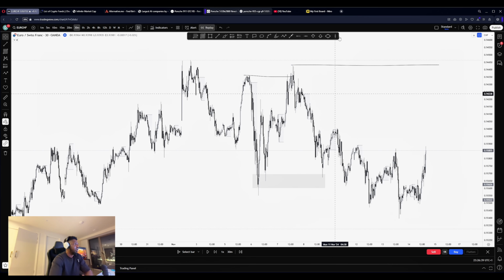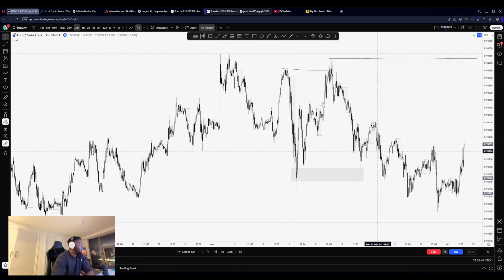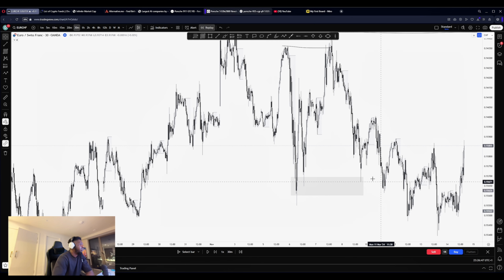So in this setup here, we have the two: we have the sweep and we have the flip zone. We have this reaction that was violated, that was broken. We have this reaction that eventually broke a major low.